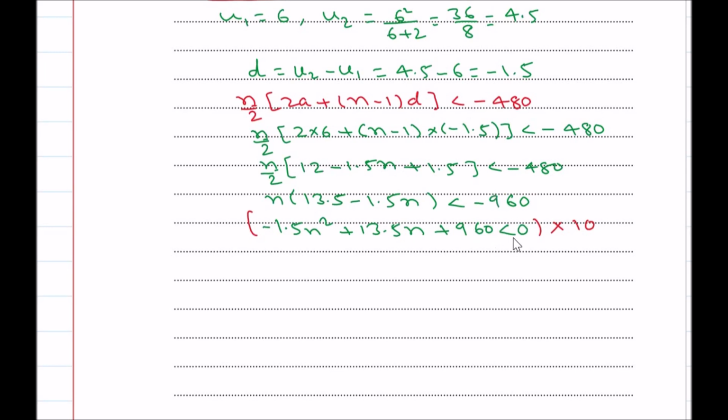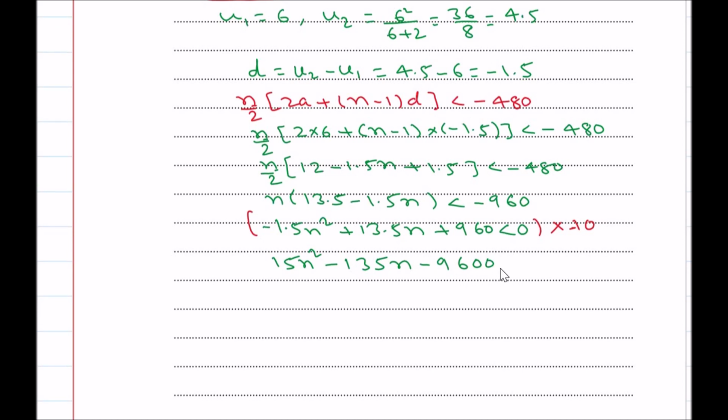multiply by minus 10, so that the first term will be positive. So we multiply with minus 10, and we get 15 n square minus 135 n minus 9600.